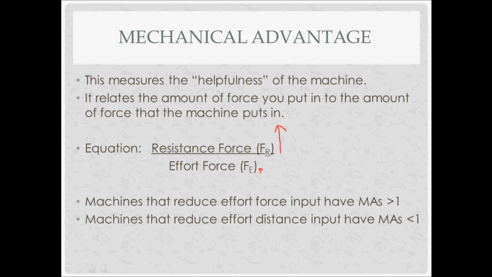So machines that actually do reduce the effort force have mechanical advantages that are greater than 1, because you're going to have a big resistance force and a little effort force. Every once in a while you might see a machine that reduces the effort distance, and that's going to have a mechanical advantage of less than 1, because your effort force is going to be bigger than your resistance force. Okay? But this one is the one that happens most often, and those are the most helpful machines.